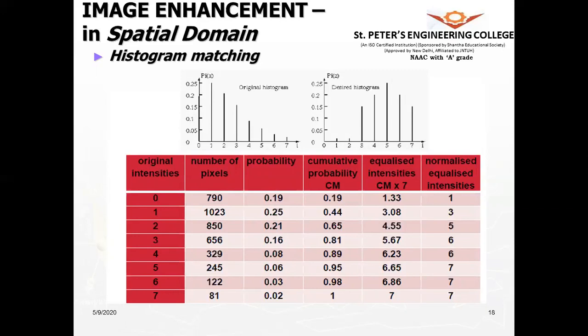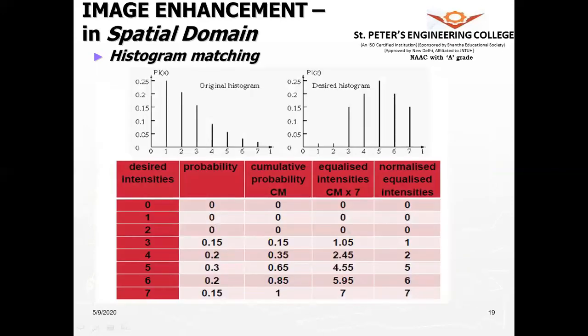Now this is the histogram matching. We want the histogram to be of this pattern. So let us see how we are going to achieve this. This is the result obtained from the previous problem, and this is where we stopped with the previous problem. Now let us take this further.